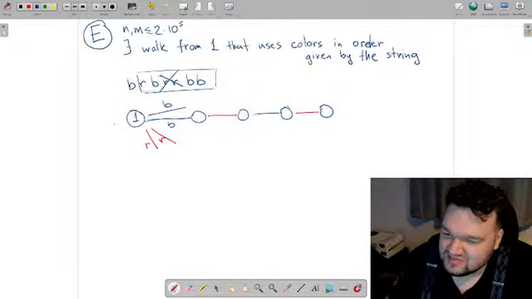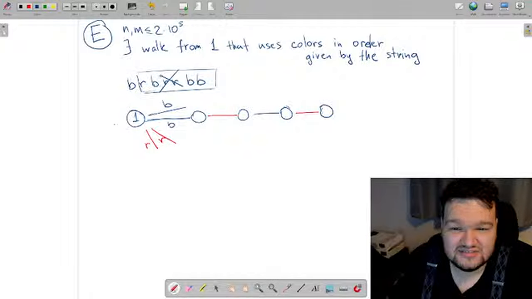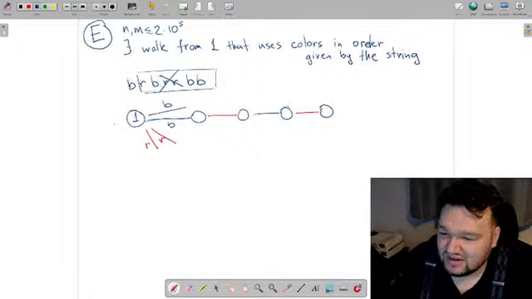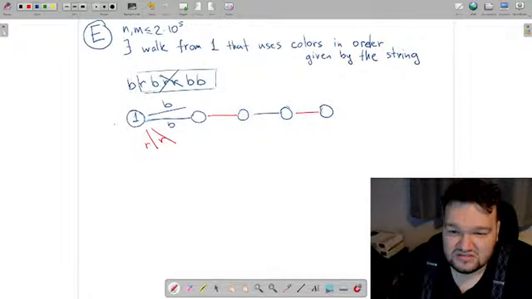So you can prove something easier. I'd love to hear what exactly is the easier thing to prove. If there is an alternating path, blue red and so on, and the same starting from red, both of length k minus 1, then the answer is at least k.